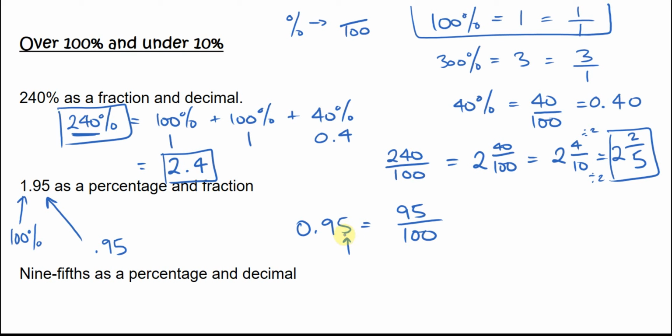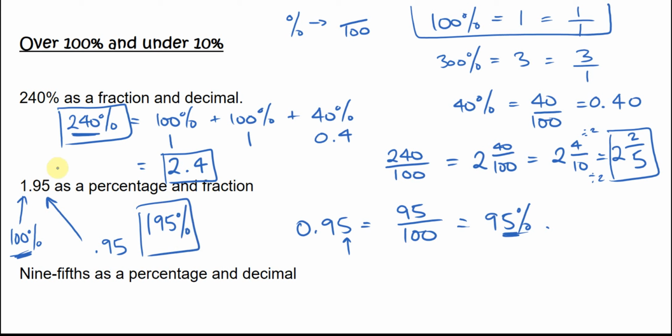So that 5 is in the hundredths, so that becomes our denominator, and then as the numerator we just write that 95 on the top. So we've got 100% plus 0.95. If we're writing this as a percentage, we know that is 95%. So 100% plus 95% means we have 195%.